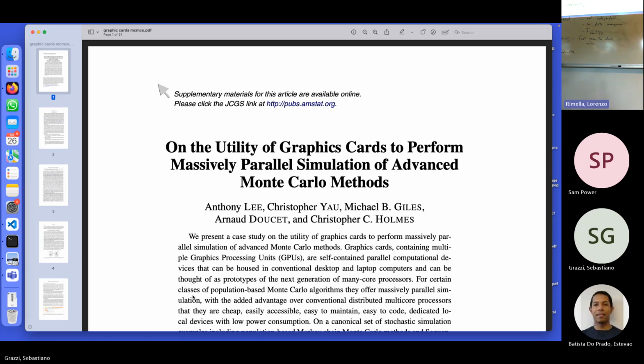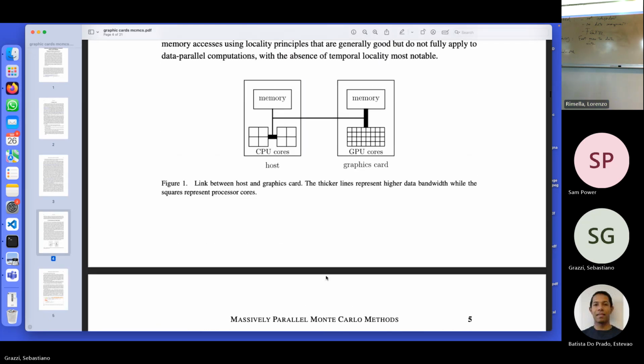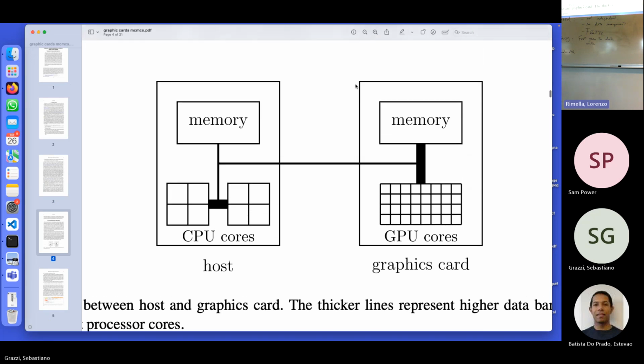and sharing data. And here in this paper, there is a graph which I found kind of nice, which is this one. So we have the GPU.